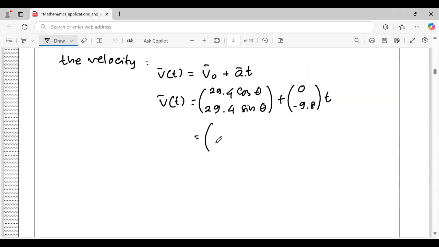So it becomes 29.4 cosine theta plus 0 times t, and 29.4 sine theta minus 9.8 t.